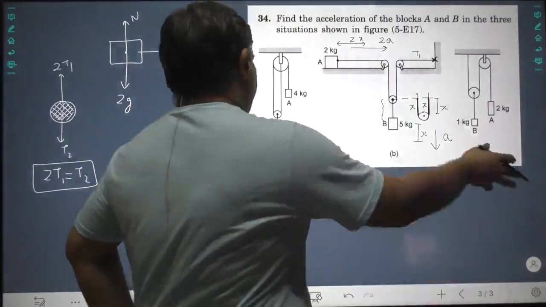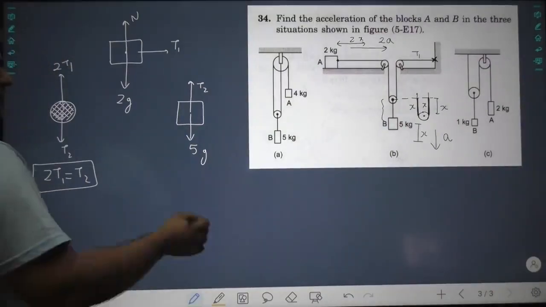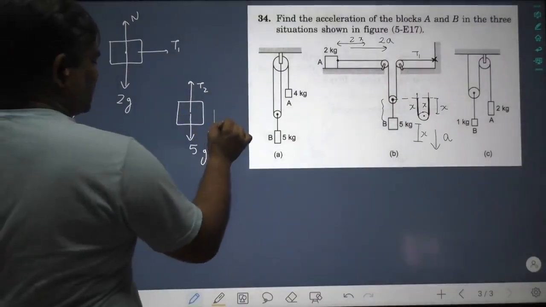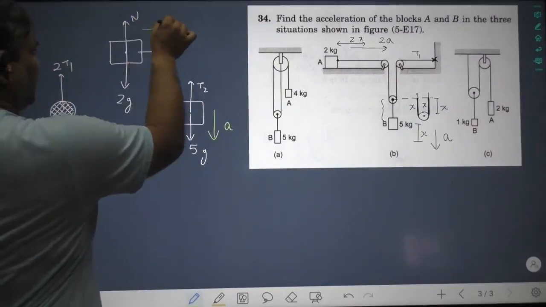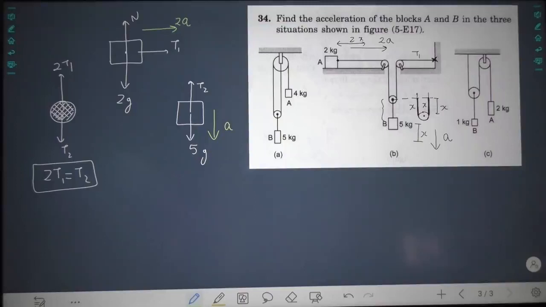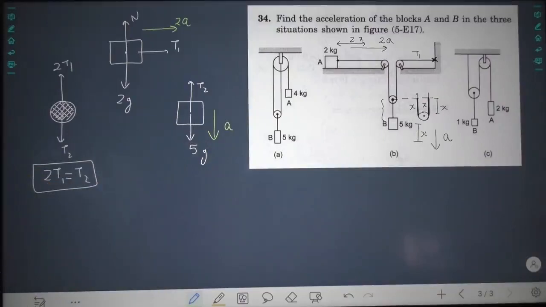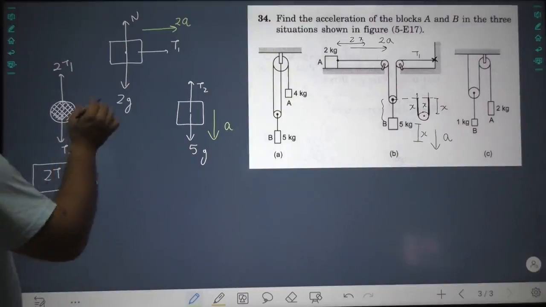Now you write down acceleration. Writing down forces is one thing. So this has acceleration a and this has acceleration 2a. Is this thing clear? Did any one of you get the acceleration part right? Okay, no problem.